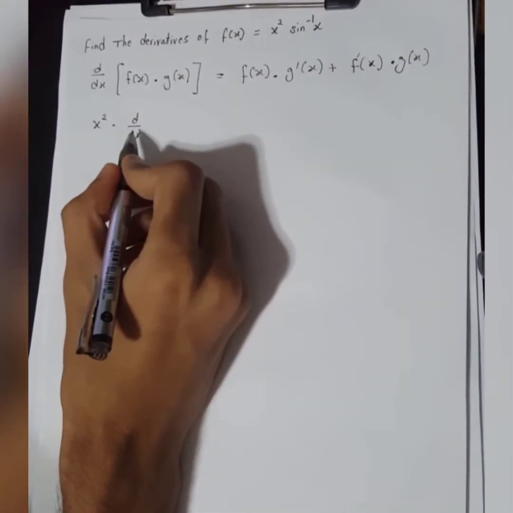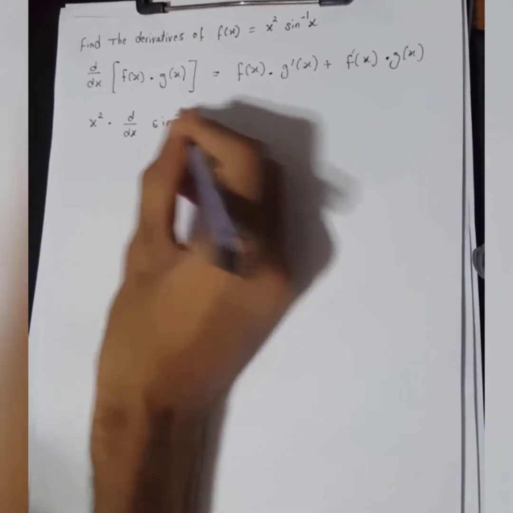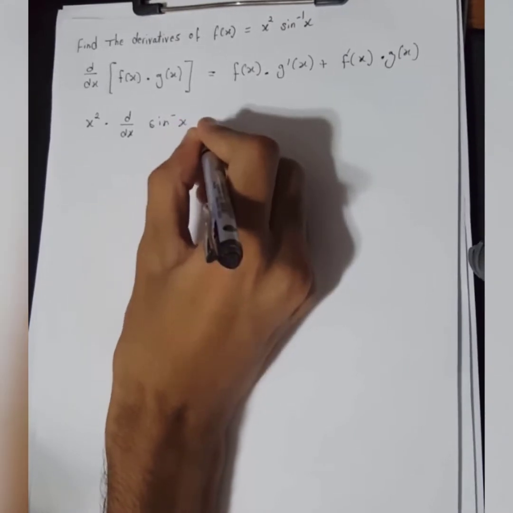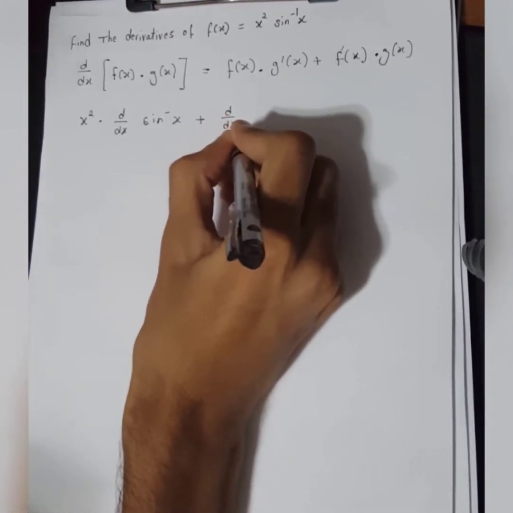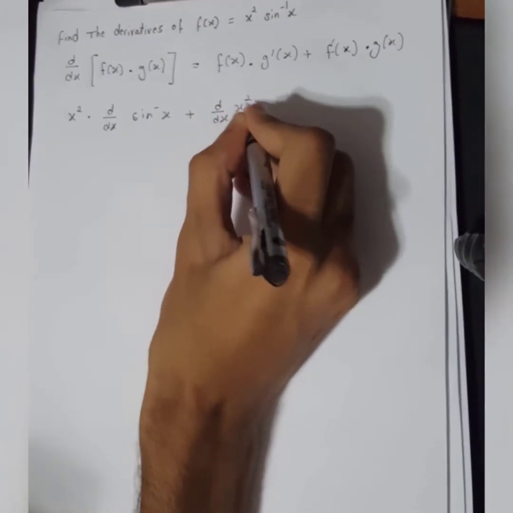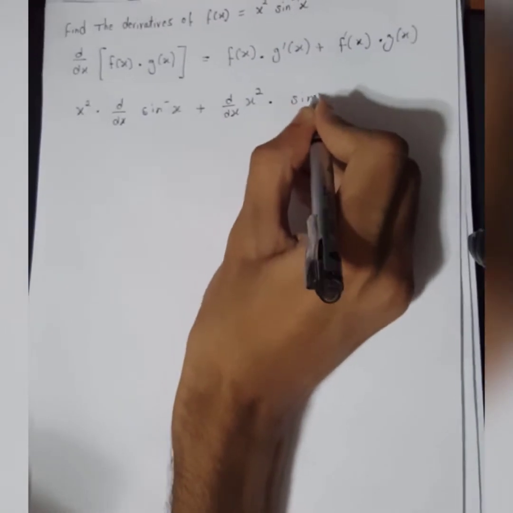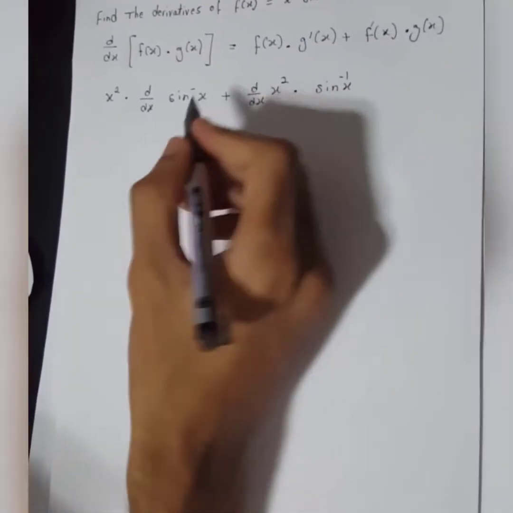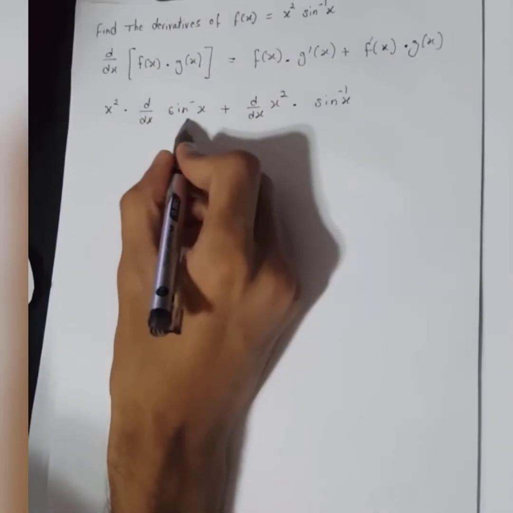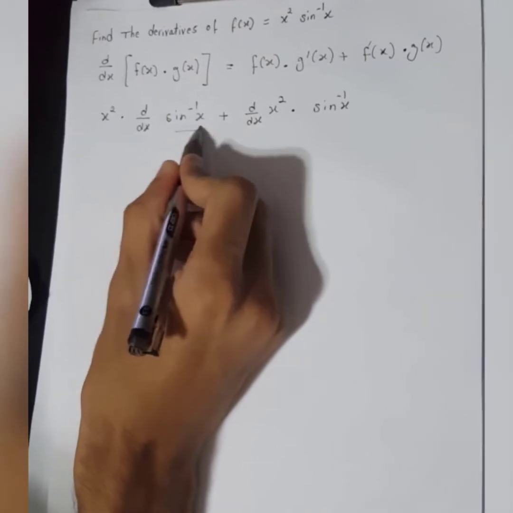So x squared times d over dx inverse sine x plus d over dx x squared times inverse sine x. So now we need to find the derivative of the inverse sine.